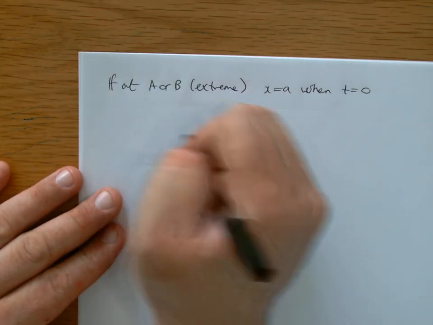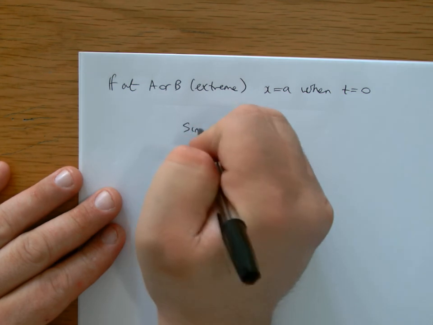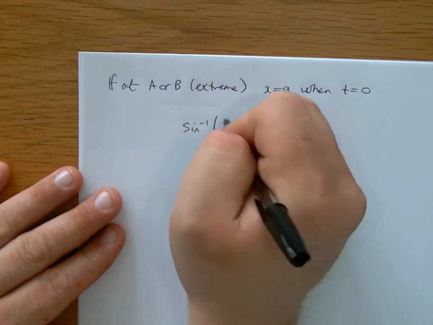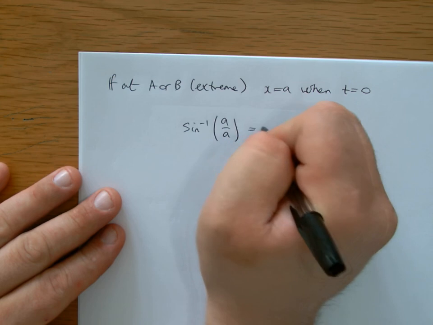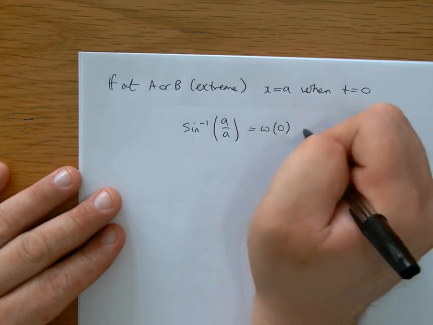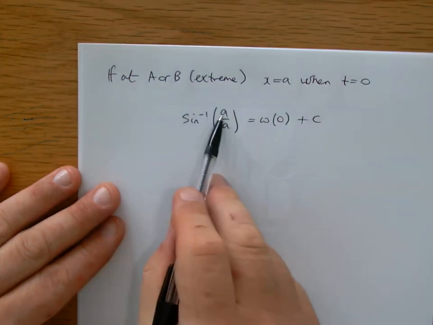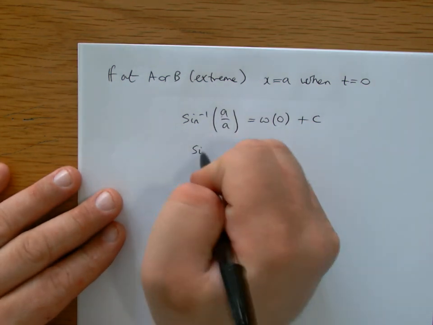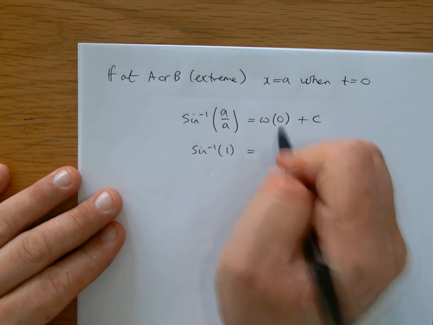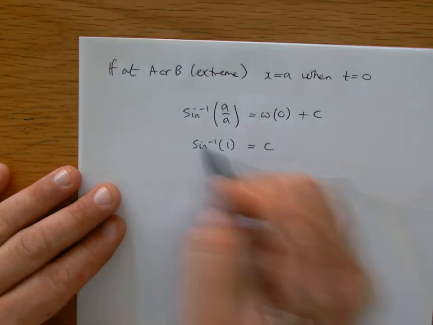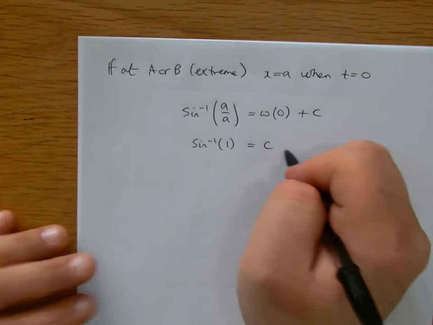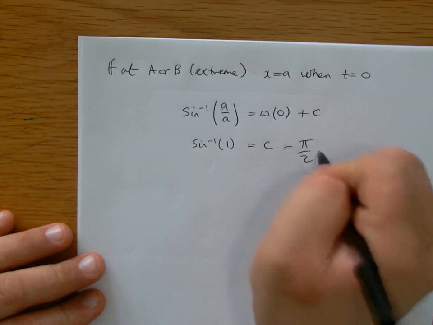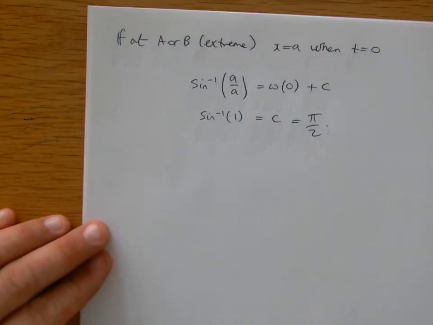So we've got in star, sin⁻¹(a/a) equals ω times 0 plus c. So x is a, t is 0. Now that becomes 1, isn't it? That's 0, c. And if you work that out on your calculator, you've got to be in radian mode, remember, it comes out to be π/2.